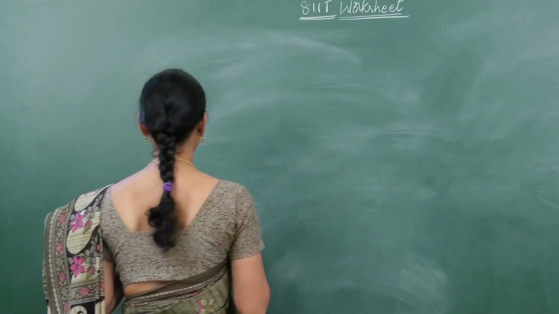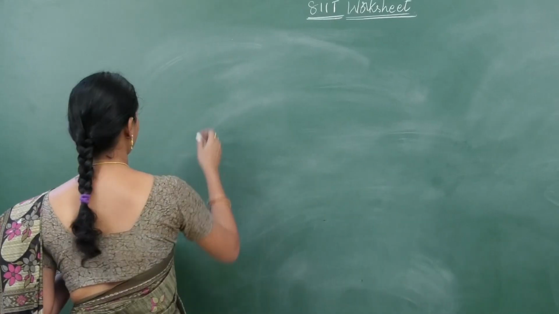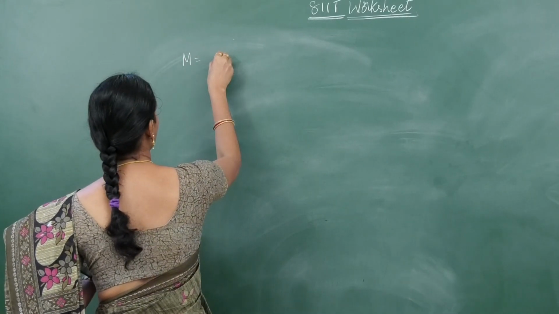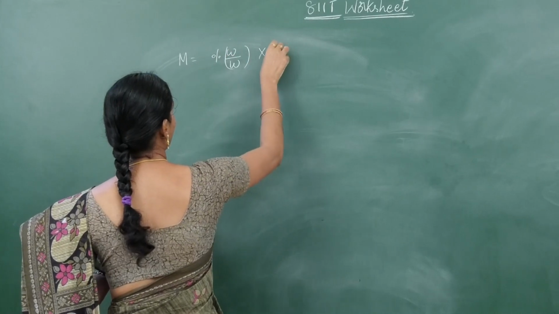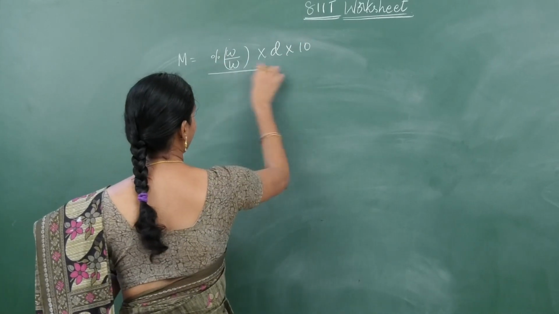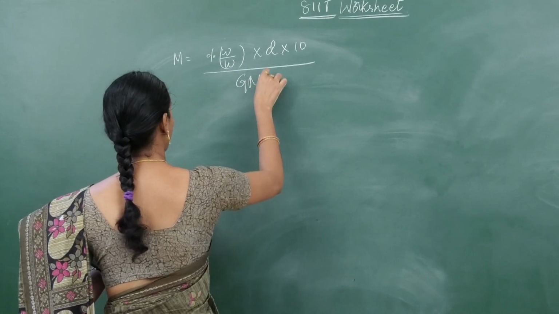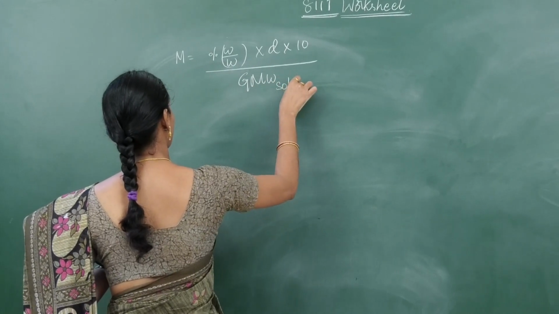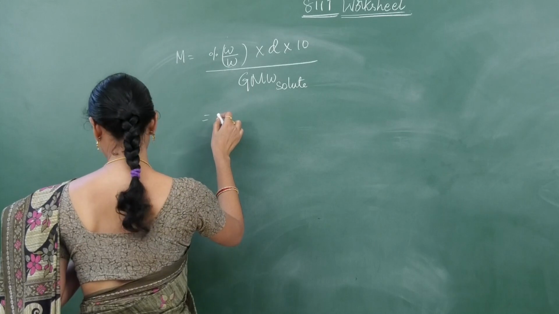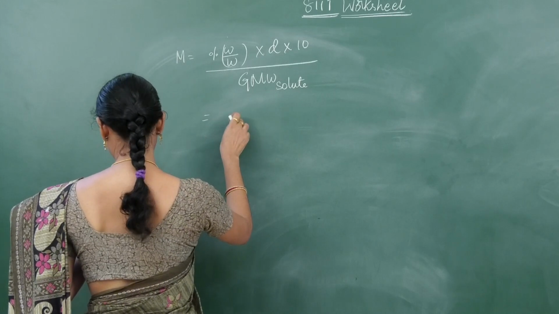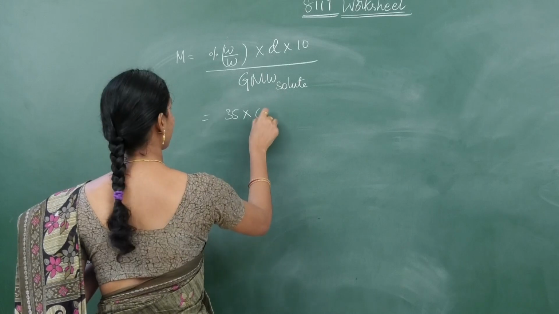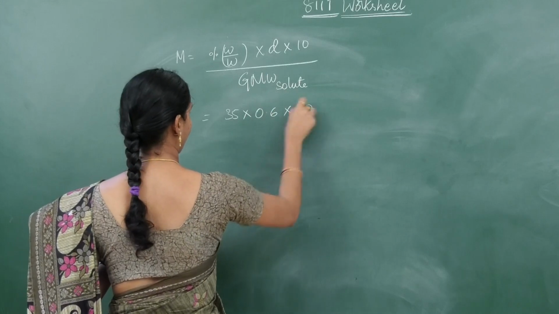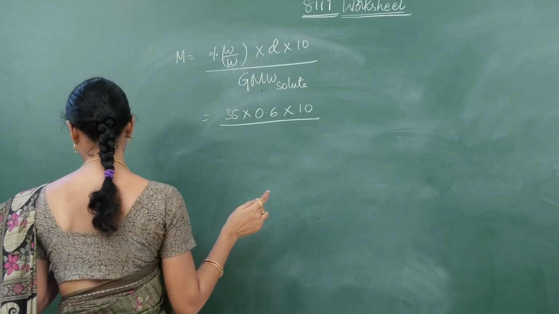First let us calculate the molarity. Molarity is equal to percentage weight by weight into density into 10 by gram molecular weight of solute, children. The percentage is given as 35%, density is given as 0.6, into 10 by gram molecular weight of solute.